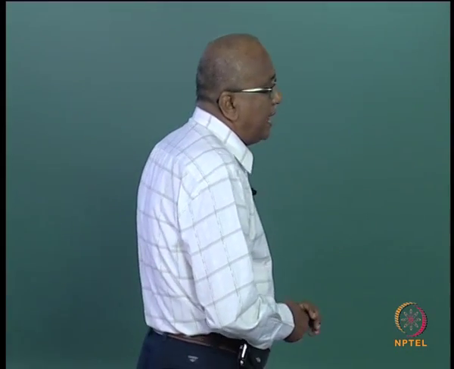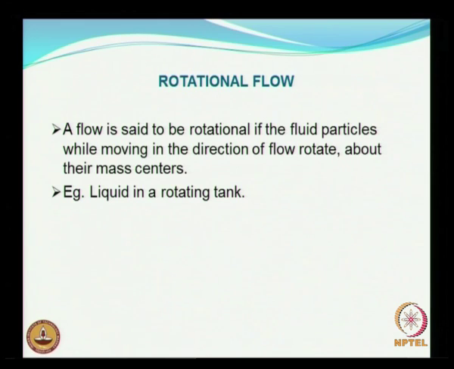Now, what is meant by rotational flow? A flow is said to be rotational if the fluid particles, while moving in the direction of flow, rotate about their mass centers. That is natural. For example, a liquid in a rotating tank is a classical example of rotational flow.